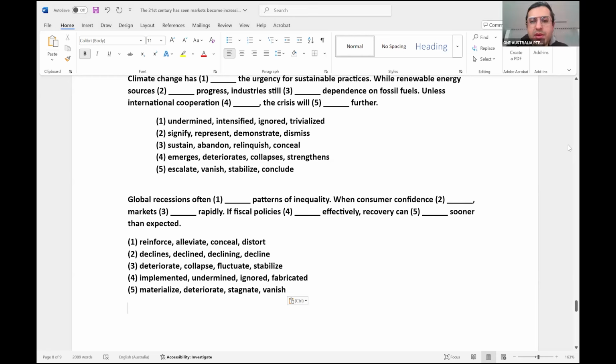Also, after the second blank, there is a comma. So second is declines. First solve it, then I'll discuss the answers. You have 30 more seconds.